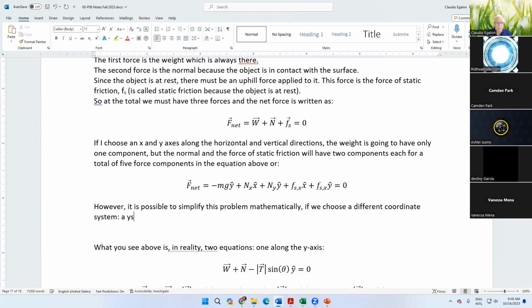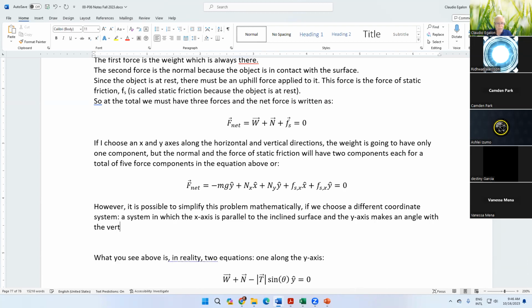A system in which the x-axis is parallel to the inclined surface and the y-axis makes an angle with the vertical.